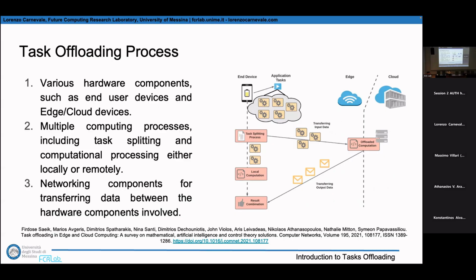So as I said, the task could be composed of multiple operations inside, and we can decide to split the operations for offloading just a part of these operations to another layer. So for example, from the end device, that in this picture is a smartphone, to the target machine that could be in the edge or in the cloud. And then we have the network component, of course, for transferring data between the different hardware components.